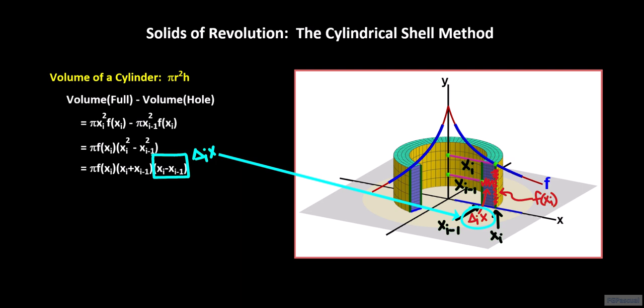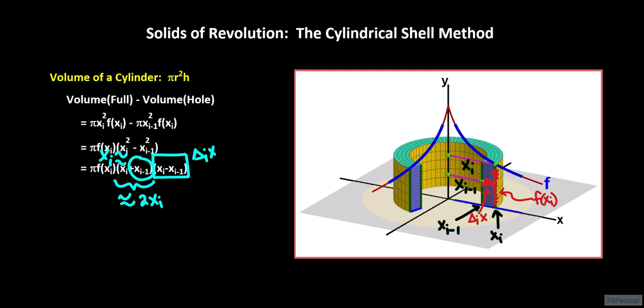If delta sub i x is very small, so that the ith cylindrical shell is a very thin shell, x sub i and x sub i minus 1 should be very close to each other. And so we approximate x sub i minus 1 by x sub i. And x sub i plus x sub i minus 1 will be approximately 2 times x sub i.